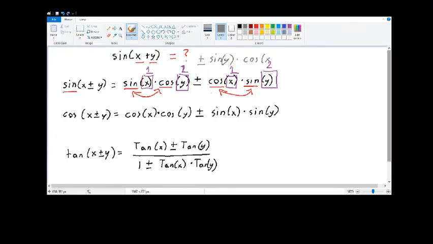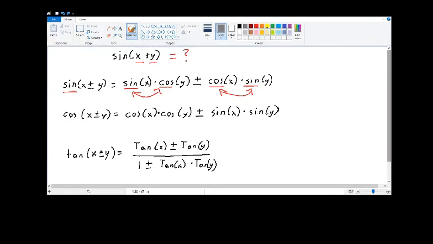But as long as you make sure that it is on the second half of sine, that it's sine that has the y value, as it does here, and it is cosine that has the x value. Those are the important parts for sine of x plus or minus y.